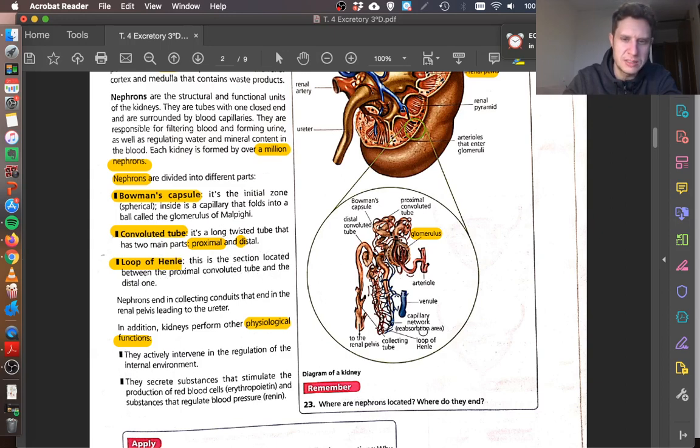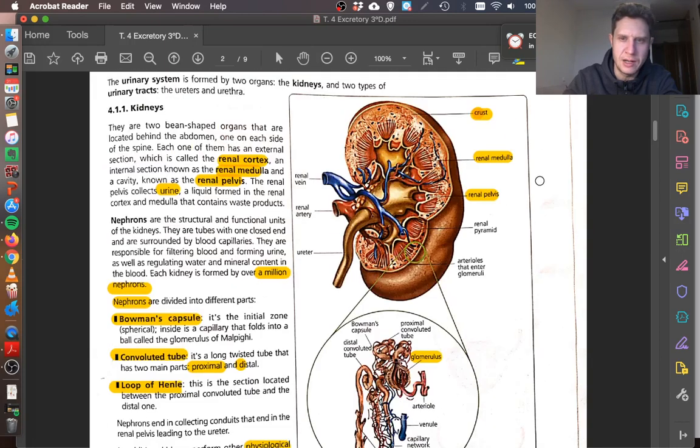The loop is in the bottom part of the convoluted tube, this part. Nephrons end in collecting ducts that end in the renal pelvis.